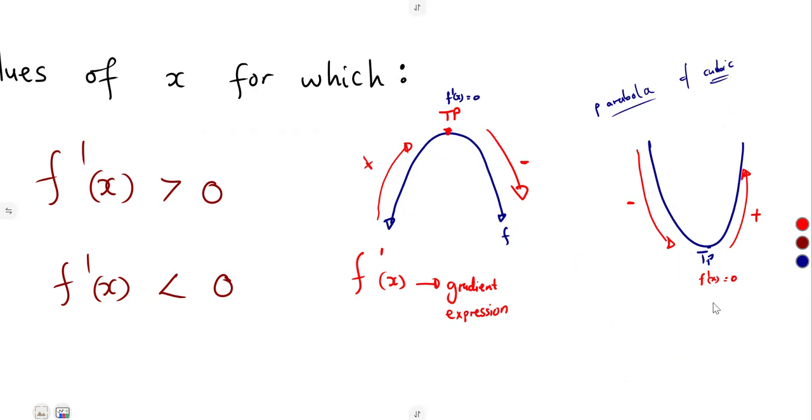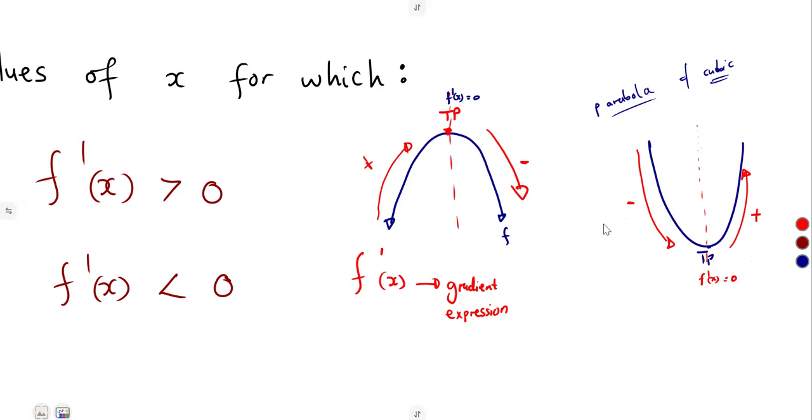Where that applies, the critical value will be the x value at the turning point. What is the value of x at the turning point?